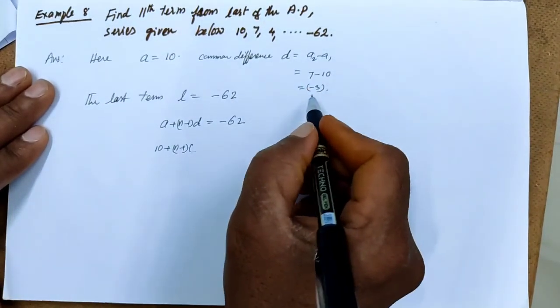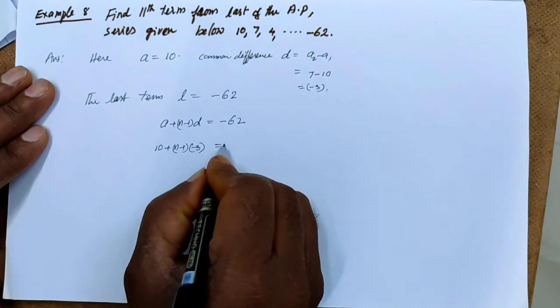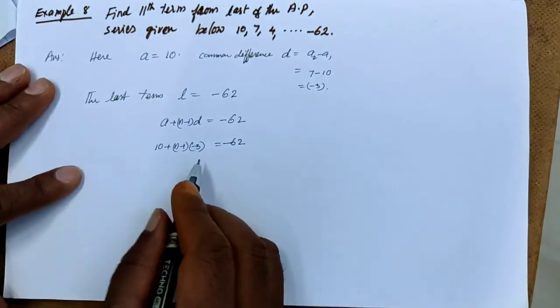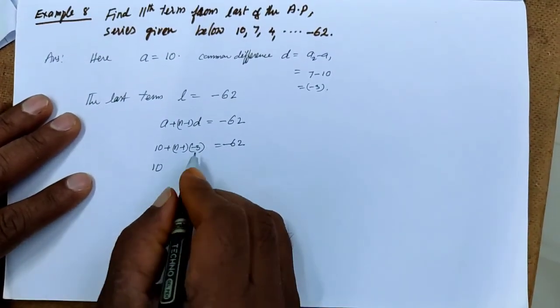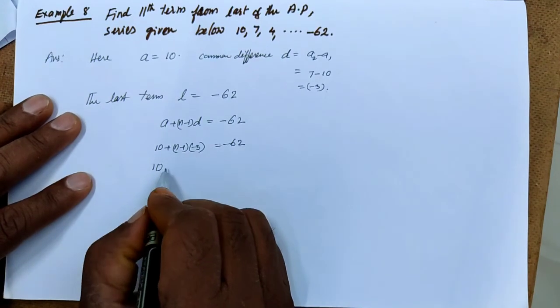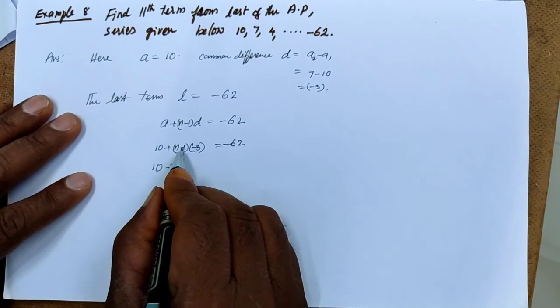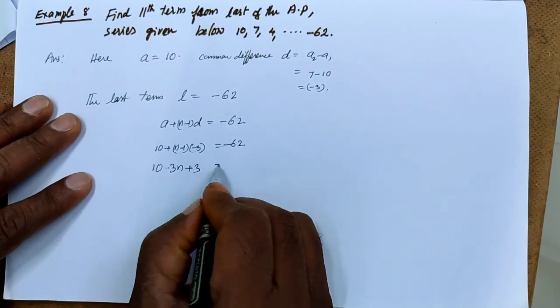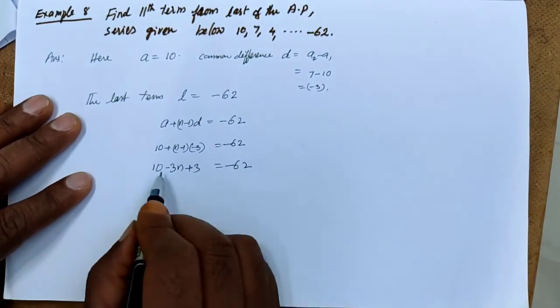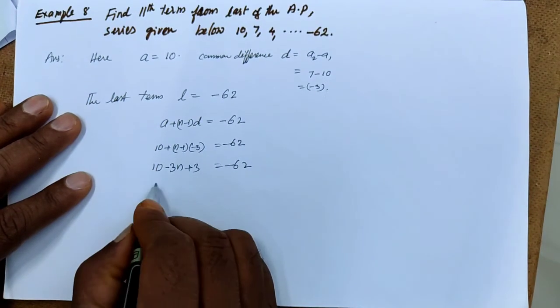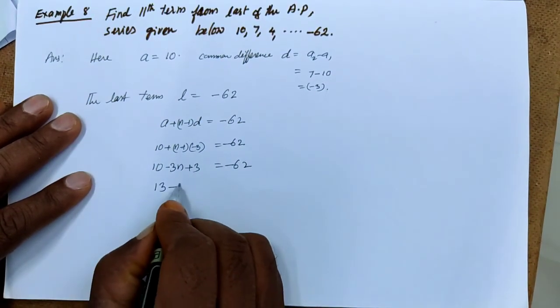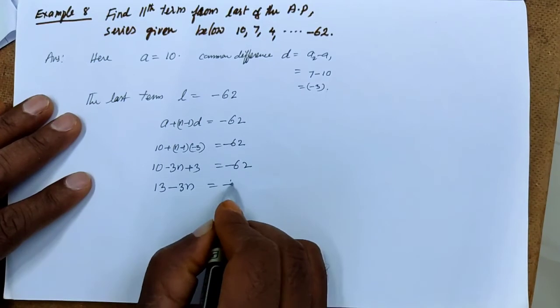What is d? The common difference is minus 3, and it is equal to minus 62. Now open this bracket: 10 minus 3n, and minus 3 into minus 1 is plus 3, is equal to minus 62. Now 10 plus 3 is 13, so 13 minus 3n is equal to minus 62.